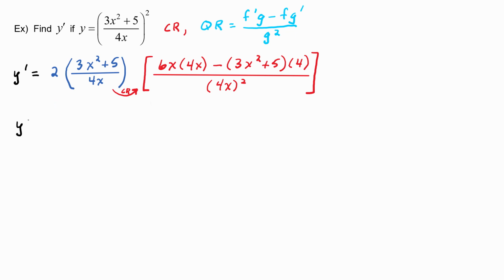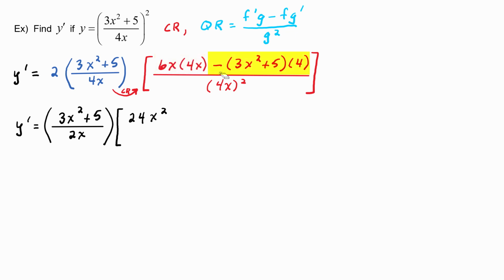So then y prime is going to equal, this 2 here will cancel with the 4 here, and we can write this as 3x squared plus 5 over 2x. So far, all we've done is cancel this 2 with this 4. Now let's work on this expression. 6x times 4x gives us 24x squared.